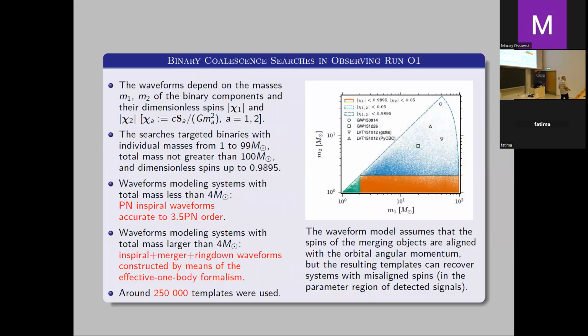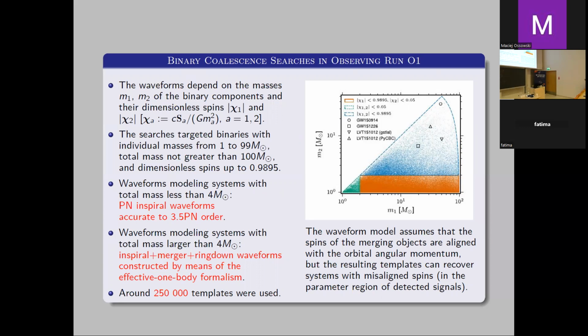And this is some real life example. This is what was done in the observing run O1, the first observing run of the advanced LIGO detectors. The waveforms used, or the templates used in this search, spanned a 4-dimensional parameter space.